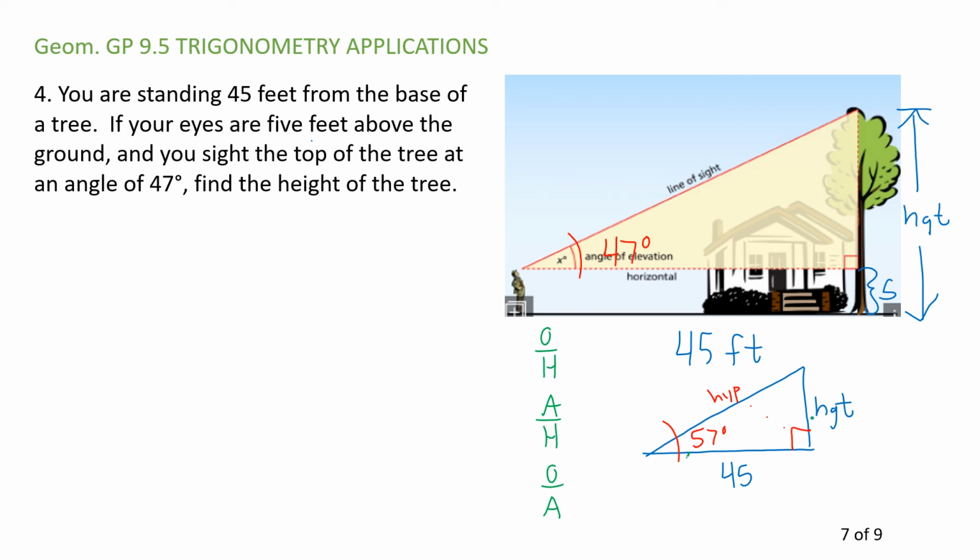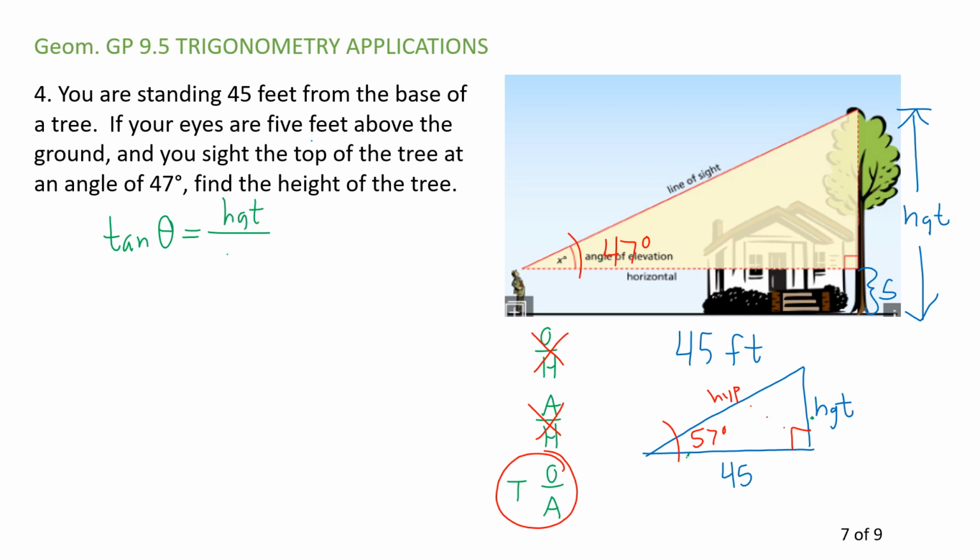I don't want to use the hypotenuse, so I can't use sine, I can't use cosine. I'm going to use tangent as the only option that does not involve the hypotenuse. So tangent of an angle, which is just a number that's already been determined by the ancients, is equal to the length of the opposite side over the length of the adjacent side.